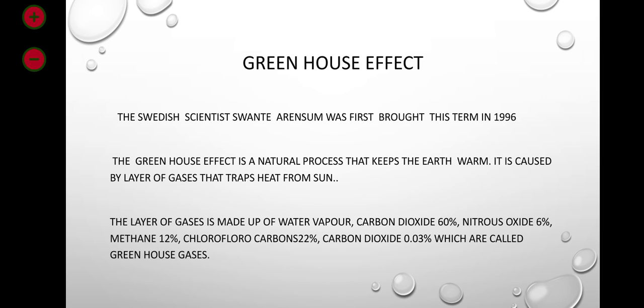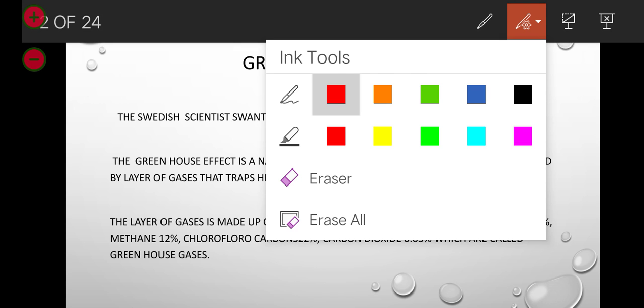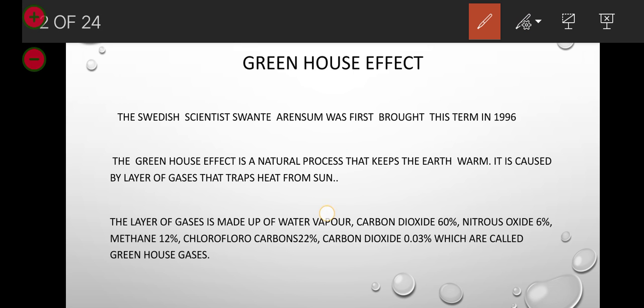Which gases make up this layer that traps the heat radiation? They are water vapor, carbon dioxide, nitrous oxide 6%, methane 12%, chlorofluorocarbons 22%.